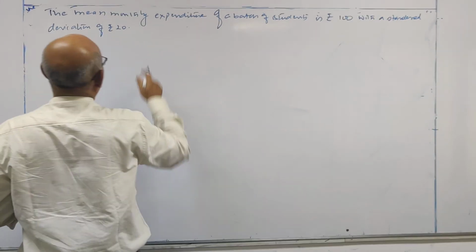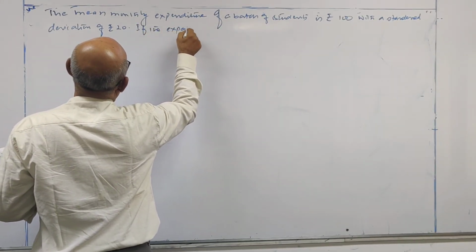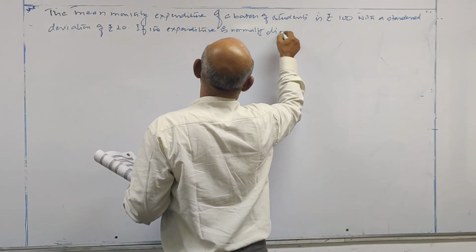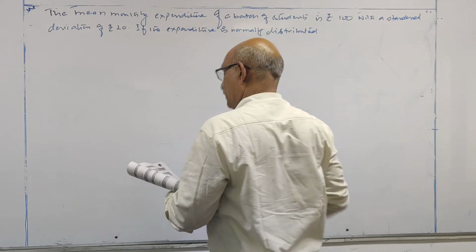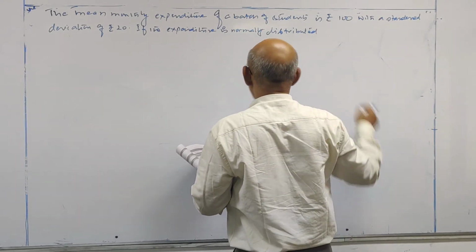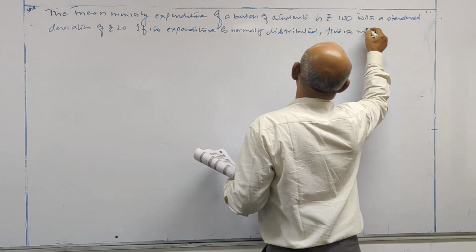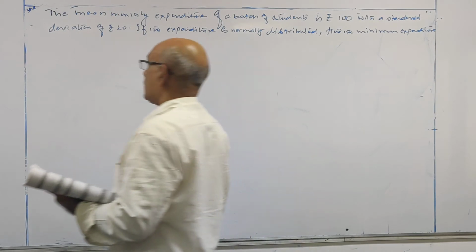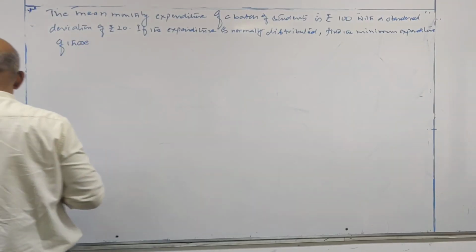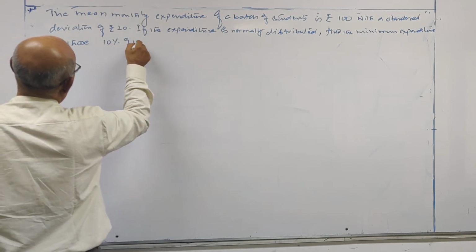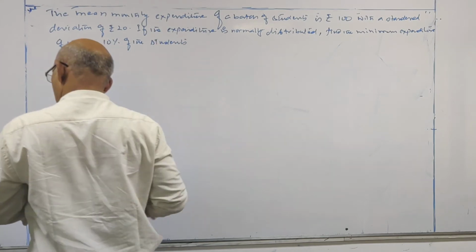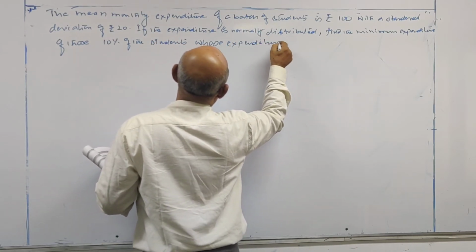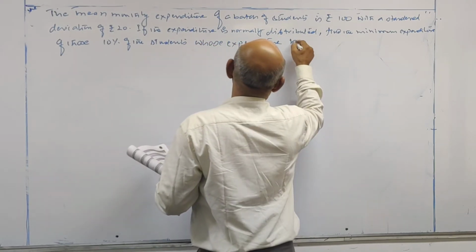If the expenditure is normally distributed, find the minimum expenditure of those 10% of the students whose expenditure is the highest.